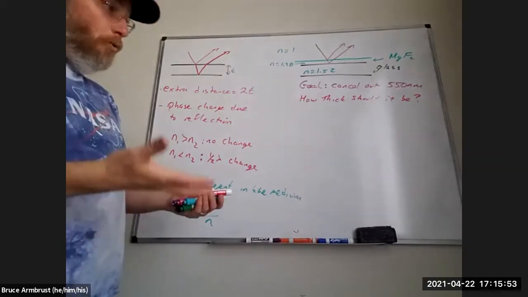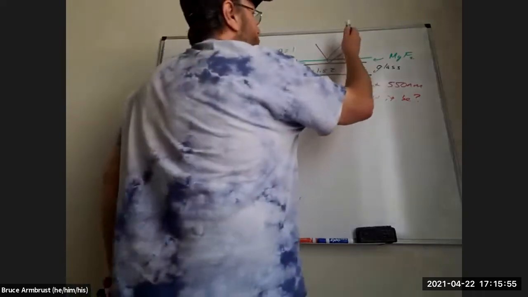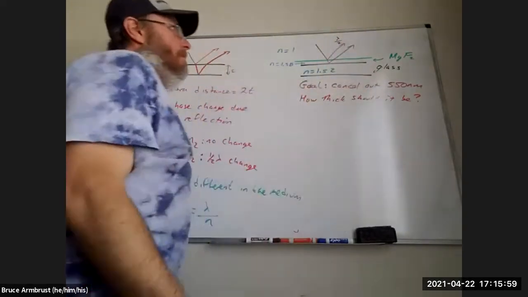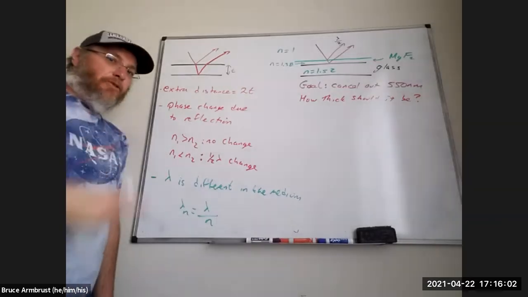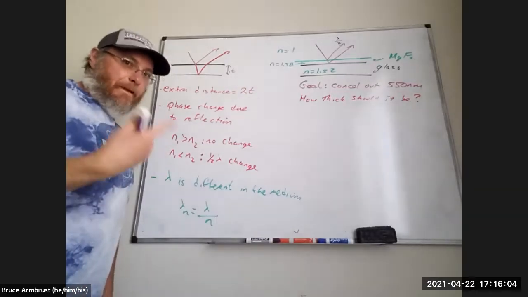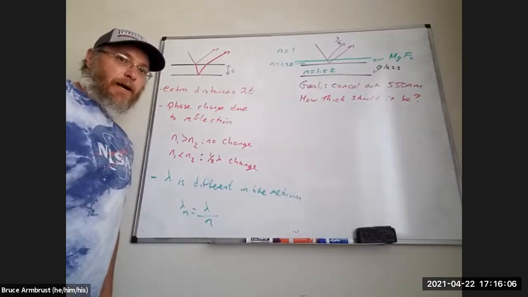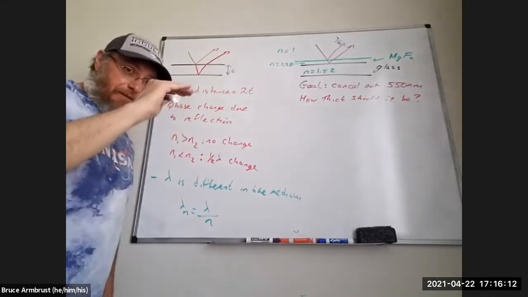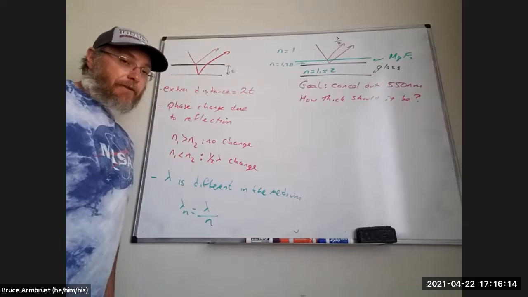So what I do is I write lambda over 2 above this. That's my shorthand for remembering there was a half wavelength shift. So that reflection gets out of phase by half a wave.